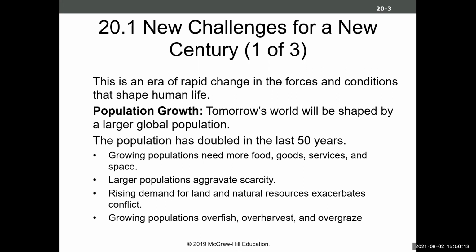Increased demand for land and natural resources adds to that conflict. With these growing populations, we may continue to overharvest, overfish, and overgraze our ecosystems because all populations need those resources. If we're not responsible in regulating how we take those resources, we could get into very big issues.